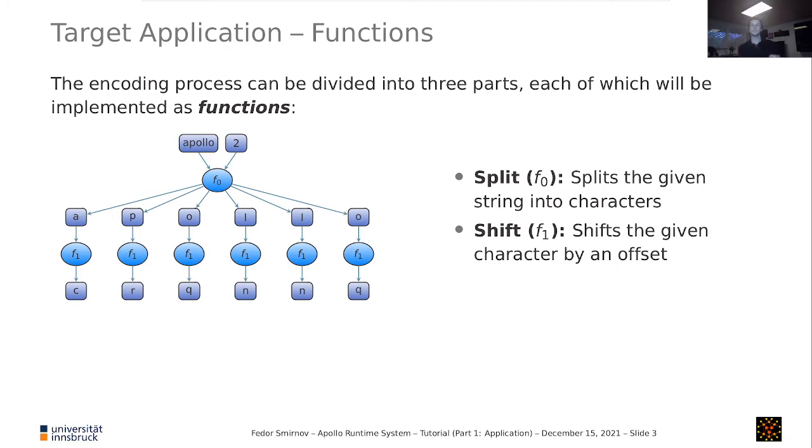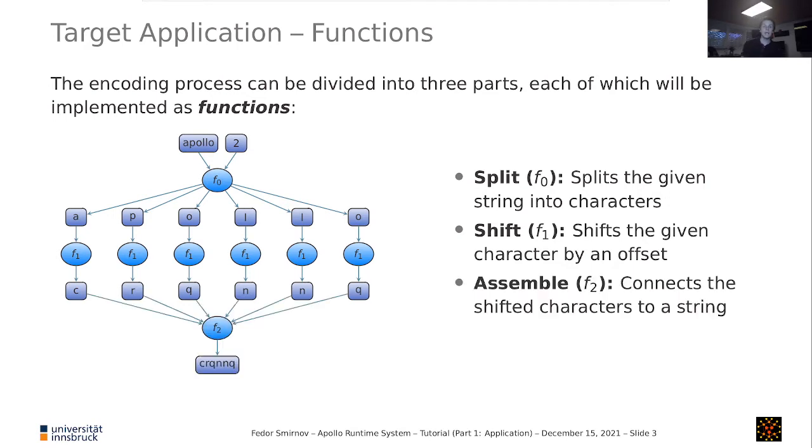This function will be executed in parallel once for each of the characters. It will get a character and the offset value, and it will shift the input character by the provided offset value. And finally, we will have the assemble function. The assemble function will take the array or collection of the shifted characters and create a string out of it again.